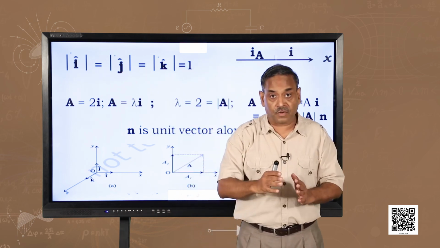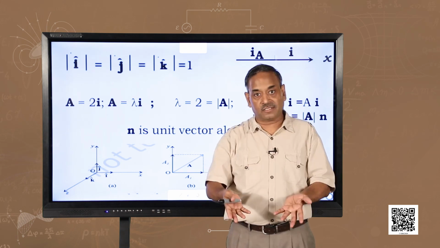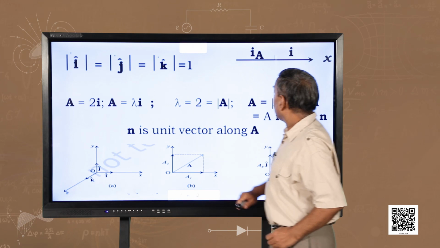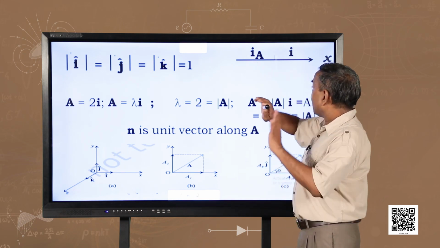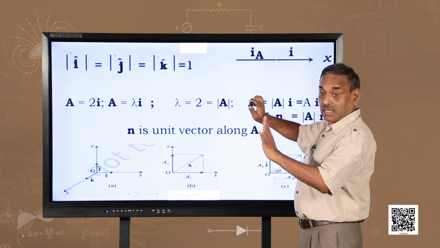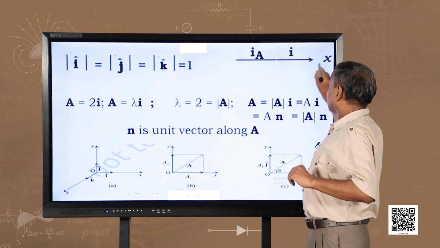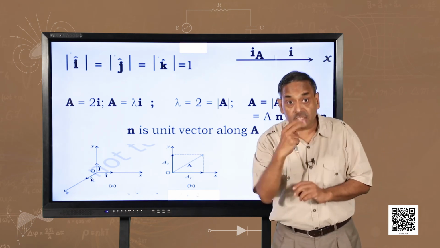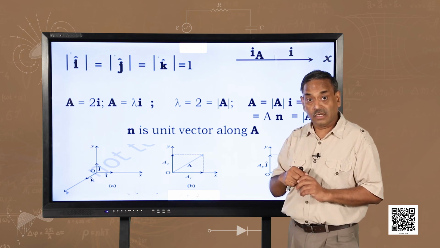When you take the modulus of any vector quantity, it means it has lost its directional properties. So, it is always 1. Now, suppose I write a vector A along the x axis, and its length is 2, its magnitude is 2.